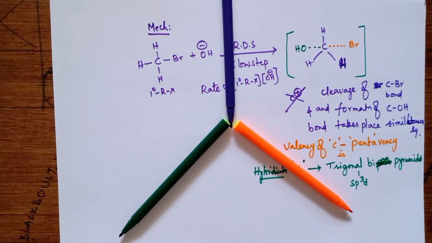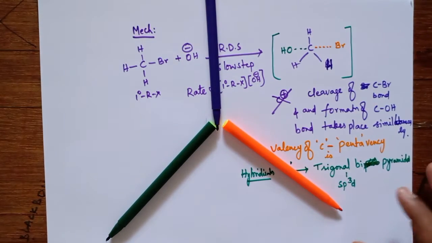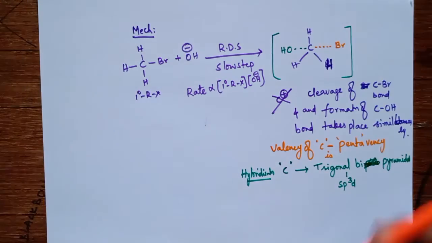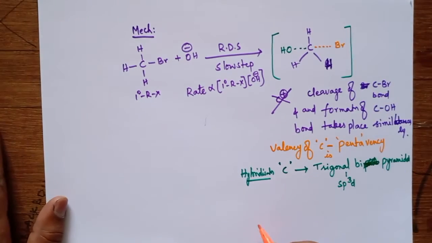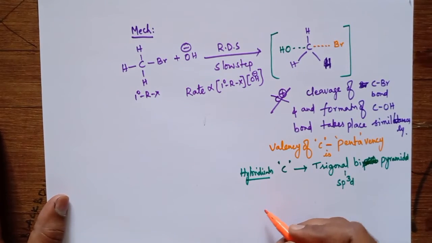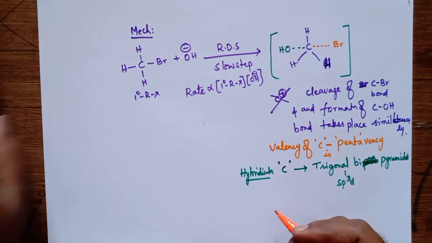I am unable to show it on two-dimensional paper, right? So it is a trigonal bipyramidal, an unstable compound. What is the meaning of writing in the bracket? The bracket indicates the component is unstable. So why is pentavalent carbon unstable?